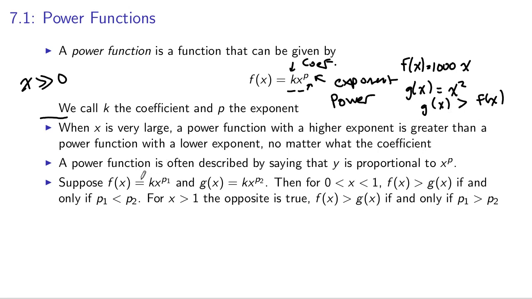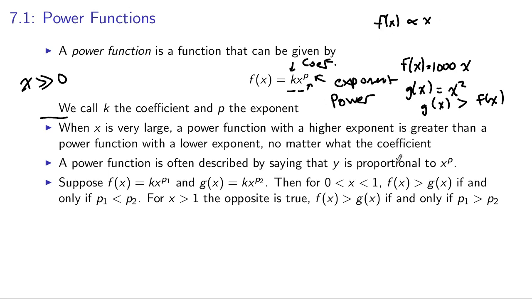A power function is often described by saying that y, or the function f, is proportional to x to the p. So for linear proportionality, we would just say that f of x is proportional to x. Remember, I talked about alpha being used for proportional to.